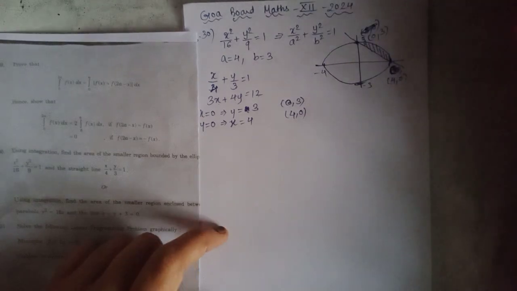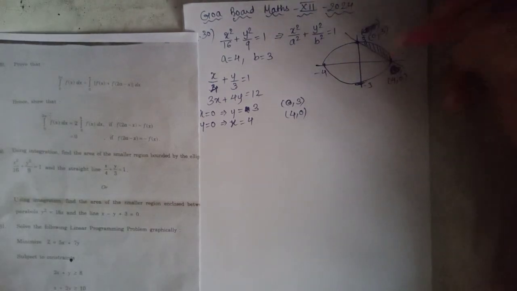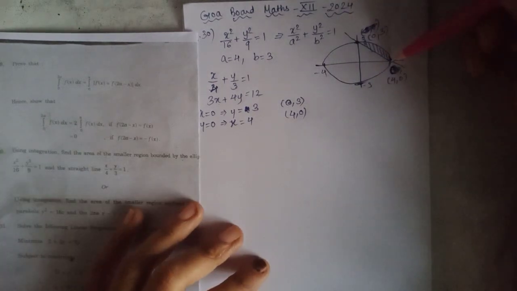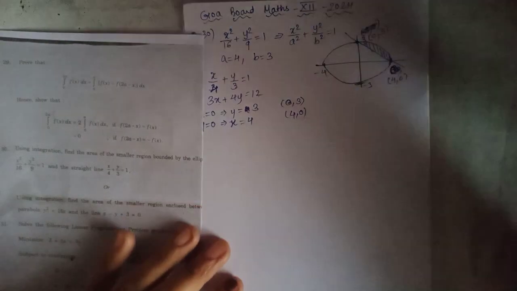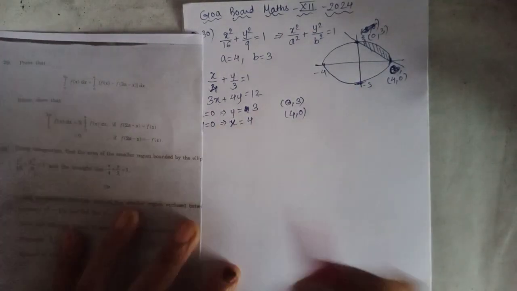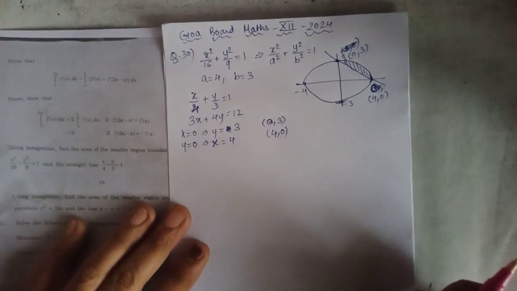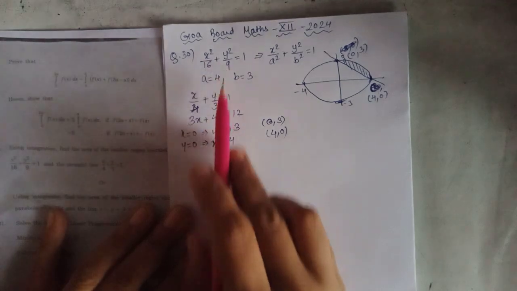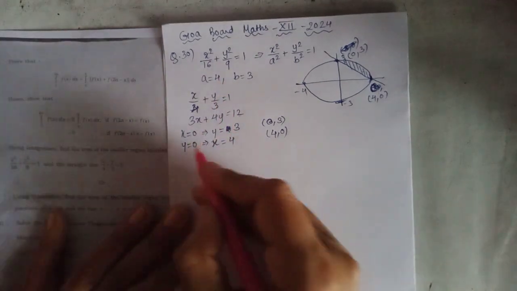We have to find the area bounded by the smaller region. We already have the points, so let's start. I'll take both equations in terms of y.